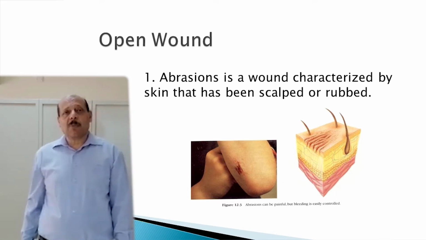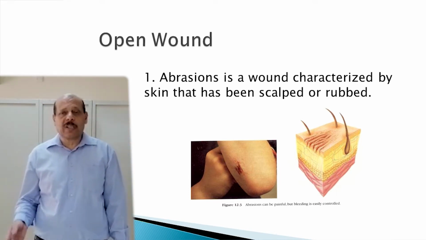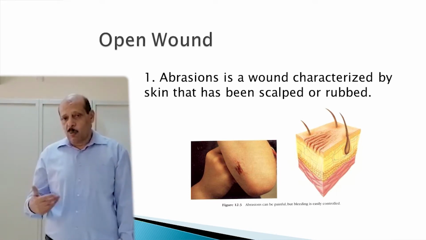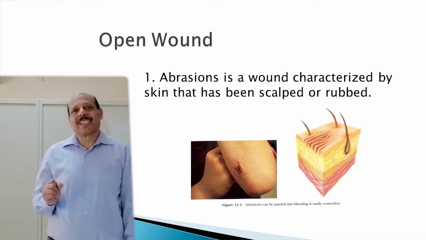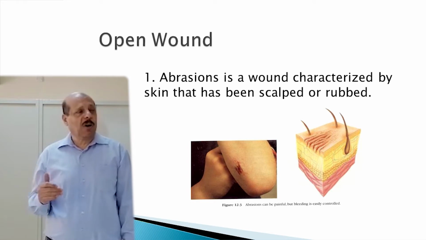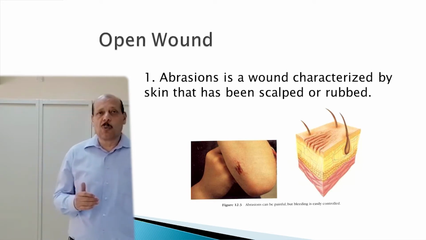The second type of wound is the open wound. In this case, you can see the wound from outside. It is obvious in the skin. There are many types of open wound.